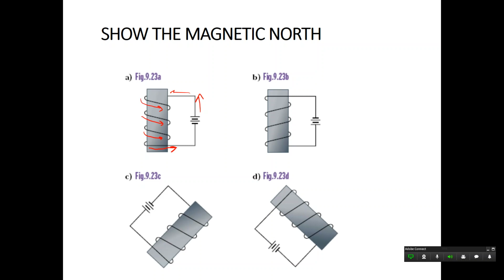Is the current going towards the bottom of the solenoid or towards the top? At the bottom, exactly. You have to see where the current is going. The current is going towards the bottom, and therefore the magnet's north is at the bottom. So it would be the opposite here.